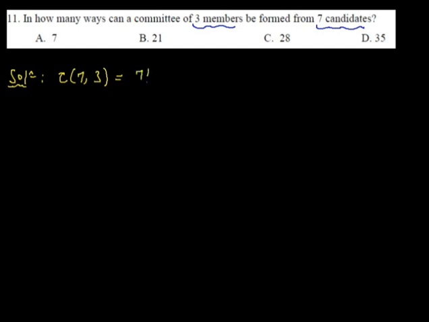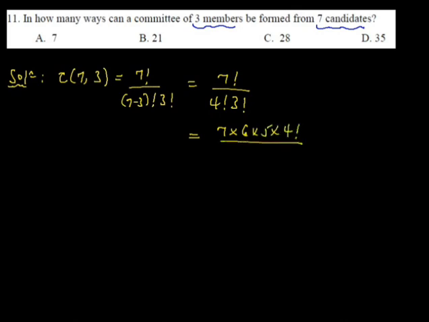So this means 7 factorial over 7 minus 3 factorial times 3 factorial. So the result is 7 factorial over 4 factorial times 3 factorial, which is the same as 7 times 6 times 5 times 4 and so on. But I can stop here at 4 factorial over 4 factorial times 3 factorial.